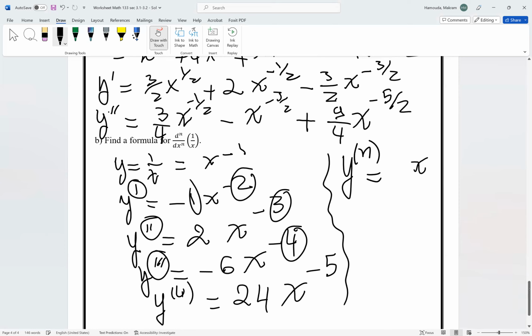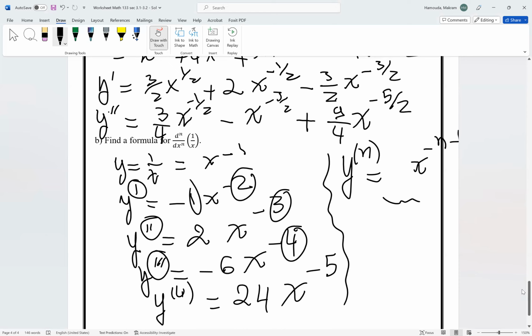X power minus n minus 1, if the order is n. So imagine you have n equal to 2, then you will have minus 2 minus 1, that means minus 3. So that's correct.